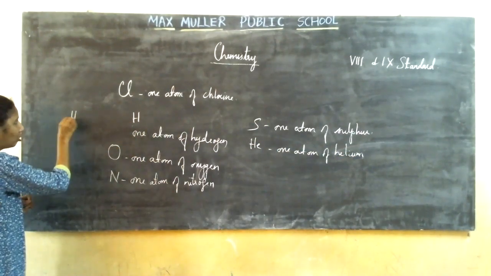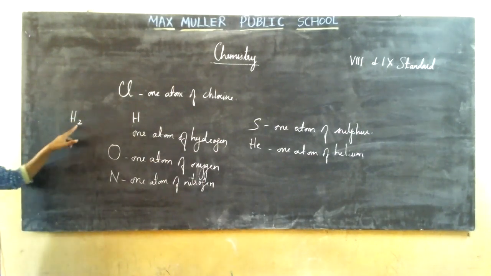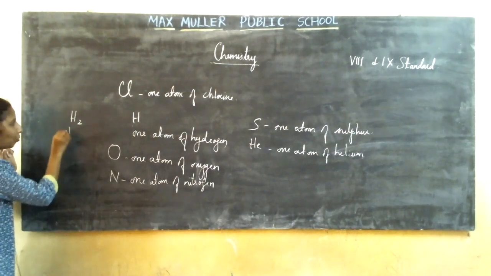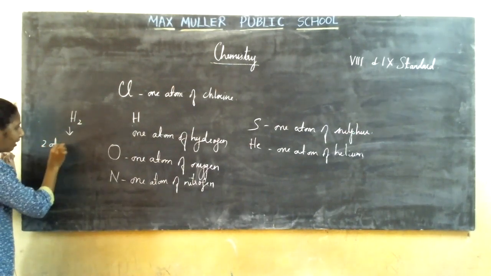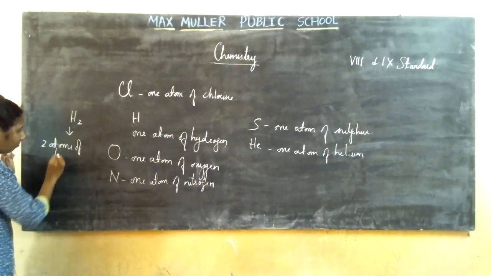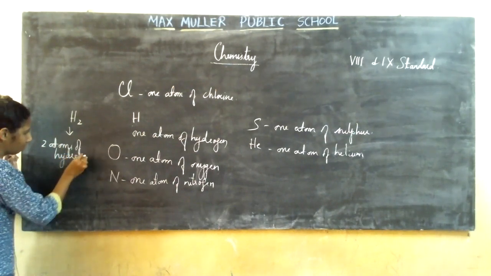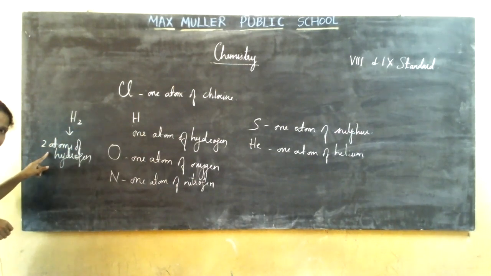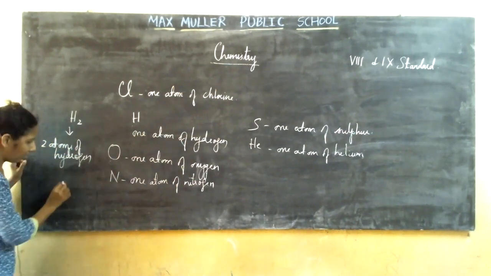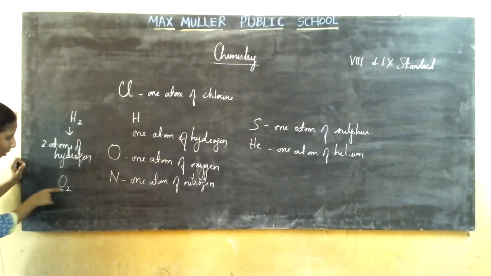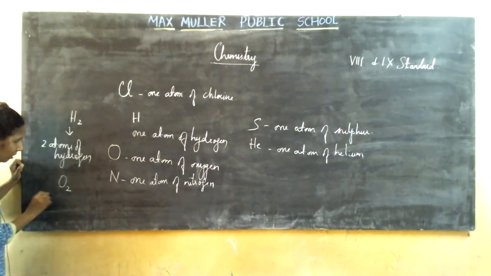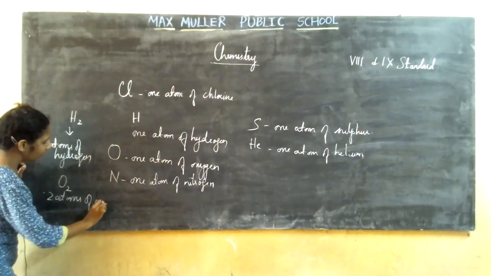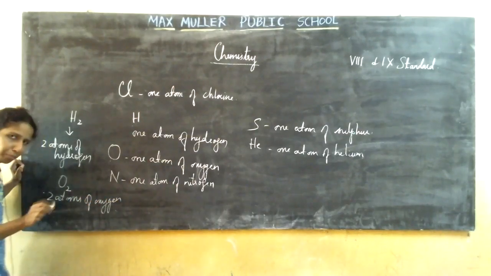If I write H2, with the 2 written down, this represents two atoms of hydrogen. Okay, H2, if I write, it represents two atoms of hydrogen. Similarly, O2, if I write, two atoms of oxygen. Did you people understand?